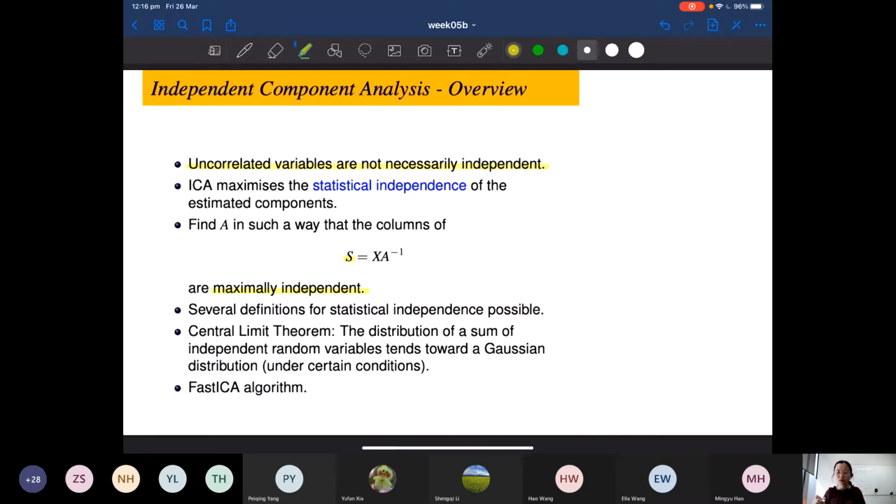What is interesting is that despite S being non-Gaussian and coming from independent sources, the columns of X, the result of the mixing, due to the central limit theorem, tend to be Gaussian-like.